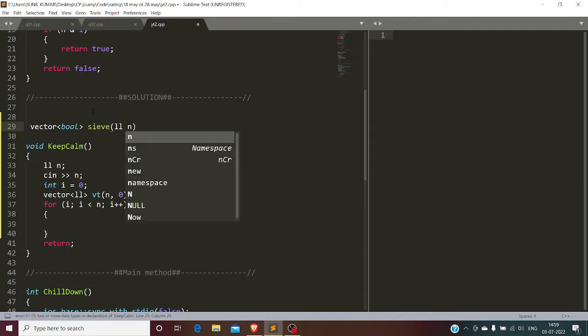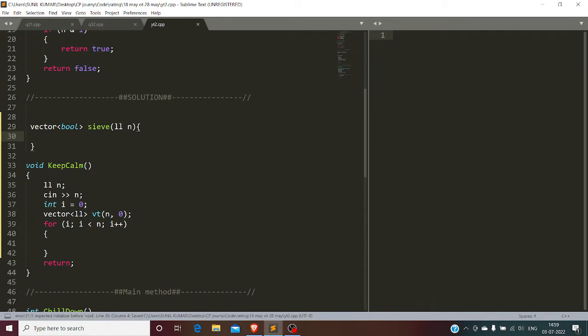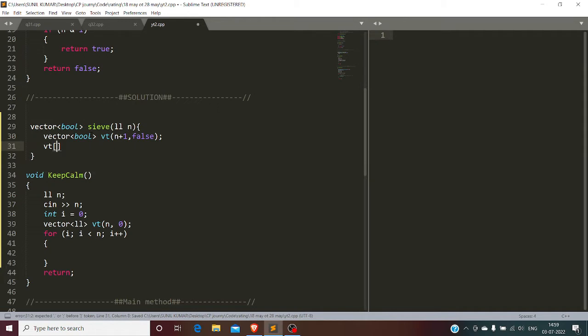We are taking an upper limit n that we need to calculate till, and now obviously we are making a boolean array, and let's call it vt with n plus 1 elements. Initially everything is false.